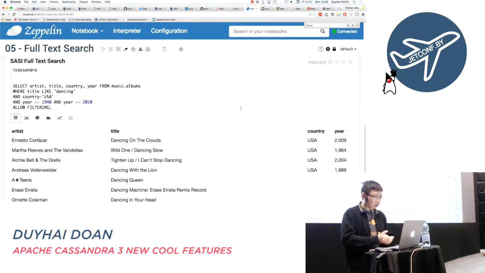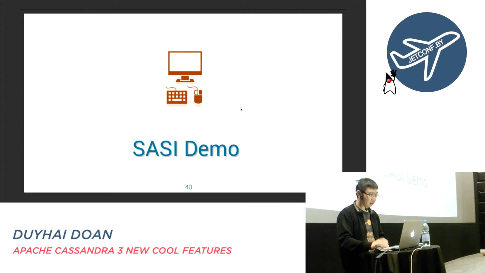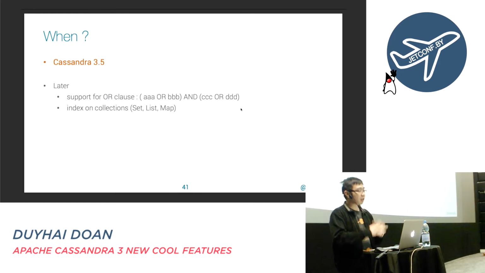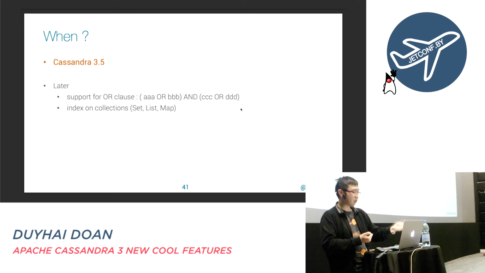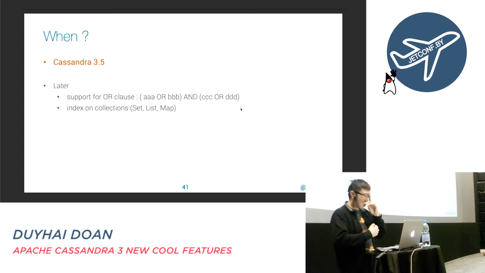And that's it. So yeah, you can have lots of cool, interesting features with SASI. In Cassandra 3.5, it already exists in Cassandra 3.4, but it has some bugs, so I debugged it, and all the bugs have been fixed, so you can use it in Cassandra 3.5.